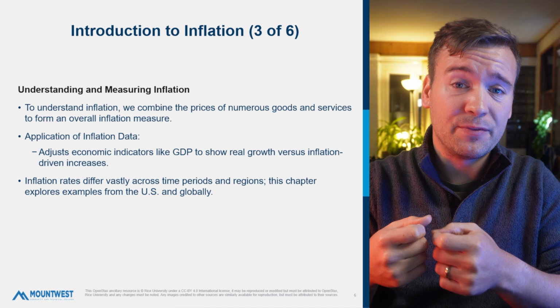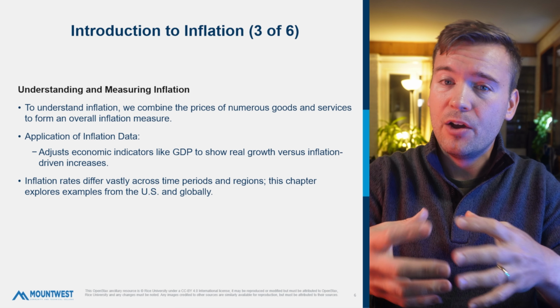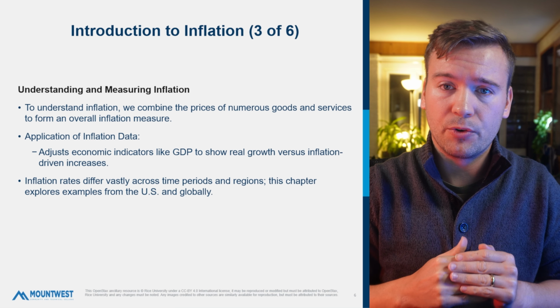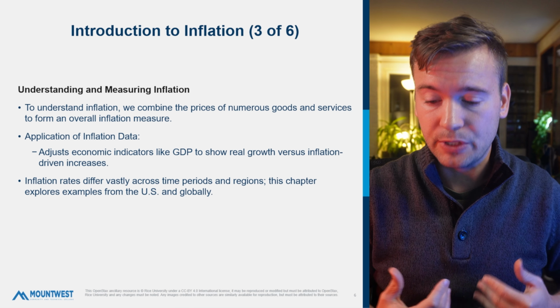We take the inflation out. We get rid of the inflation-driven increases in GDP and show real GDP growth. This chapter is going to use some examples from the United States, but we're also going to look at inflation around the world to show how inflation rates differ across time periods and across regions.